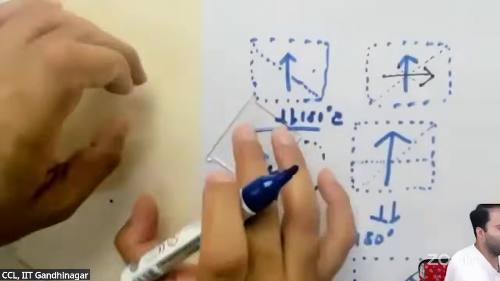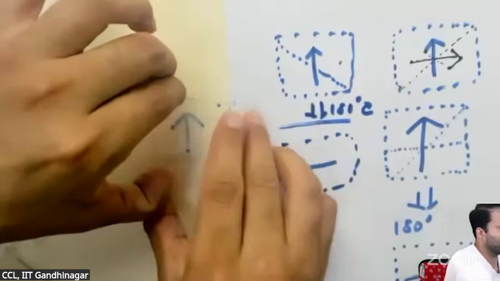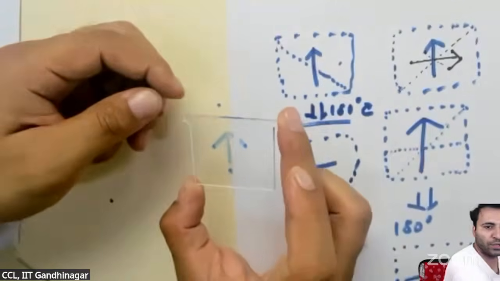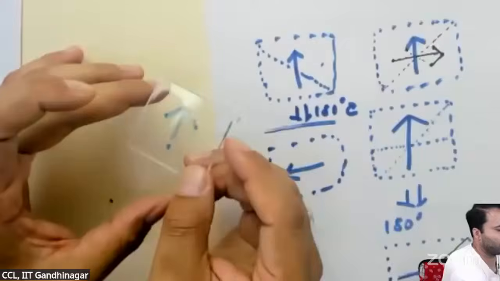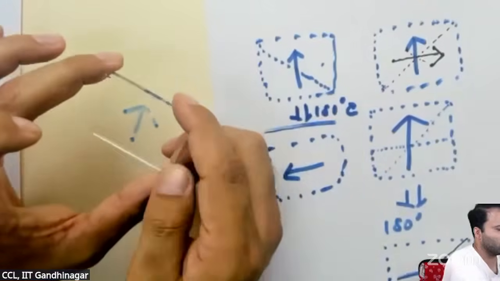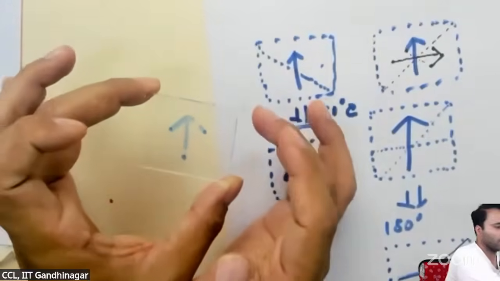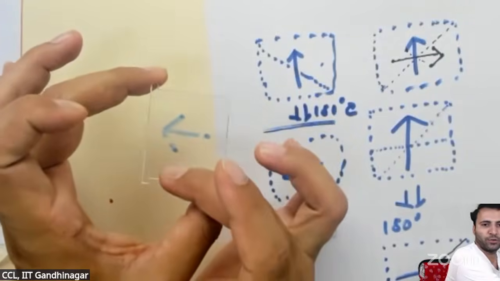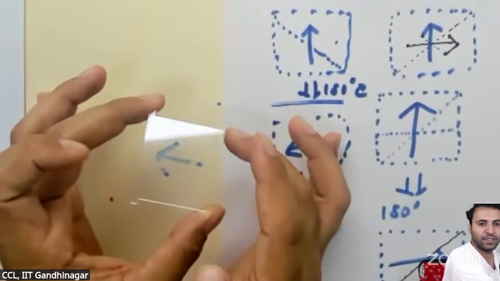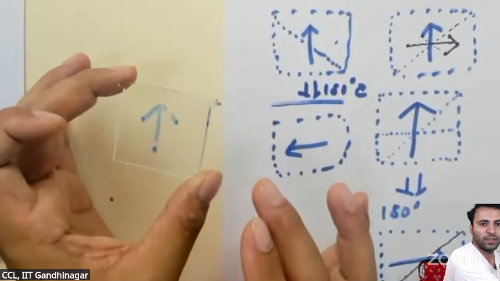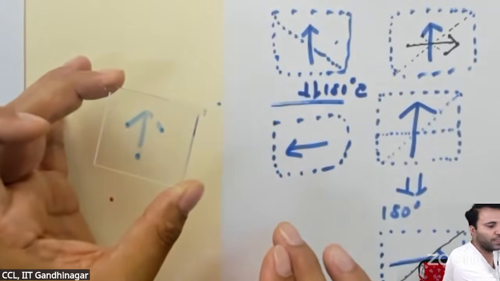So if I rotate this around this axis, so यहाँ से मैं करूँगा, then it should be left. ठीक है, and then once again one more flip, and the upwards.